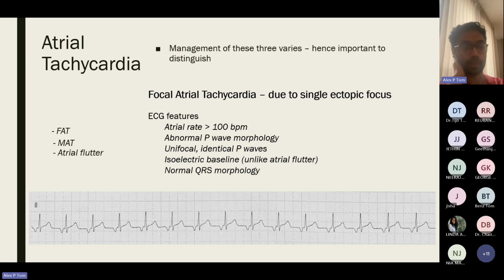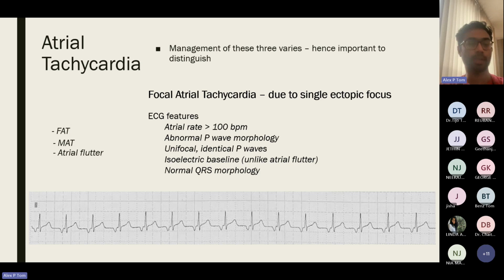In a focal atrial tachycardia, you can see it's just one single ectopic focus sitting there in the atria and constantly firing, causing this abnormal P wave like structure just before the QRS complex. It's not a proper P wave because it's not generated by the SA node, it's generated by some other ectopic focus in the atria.